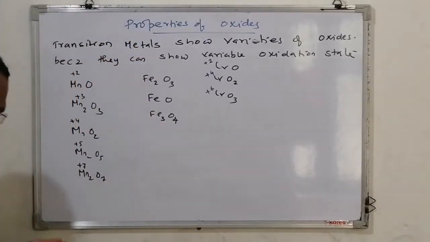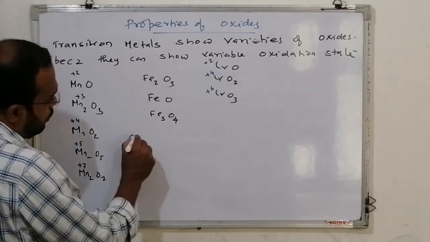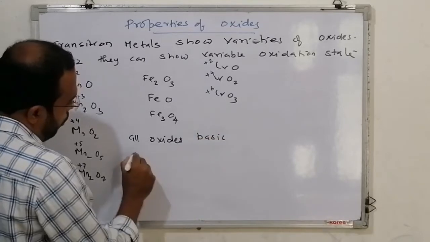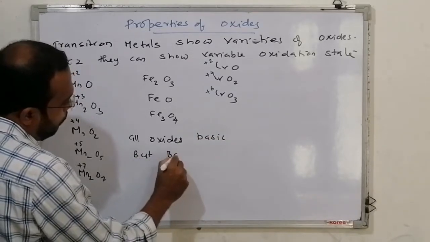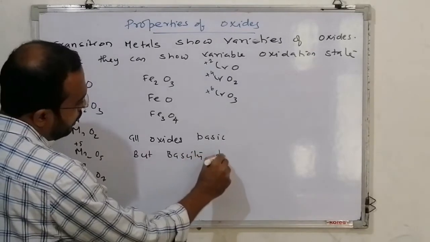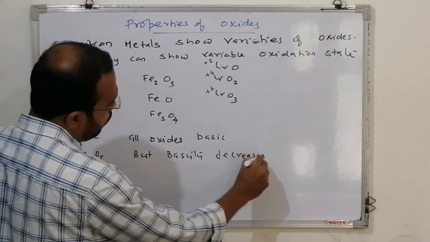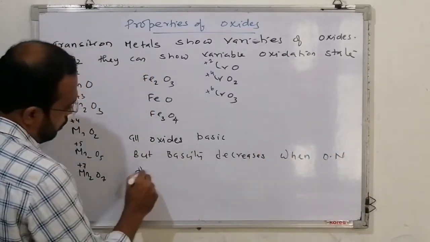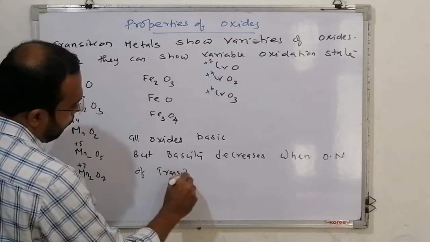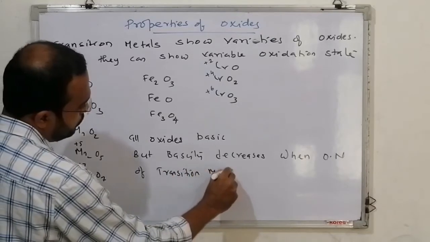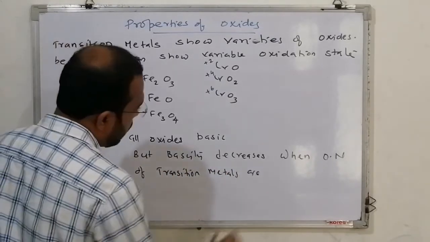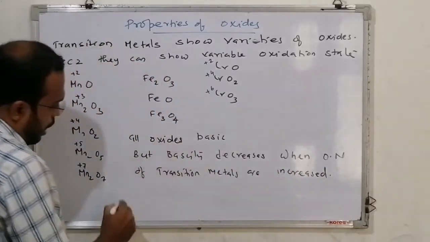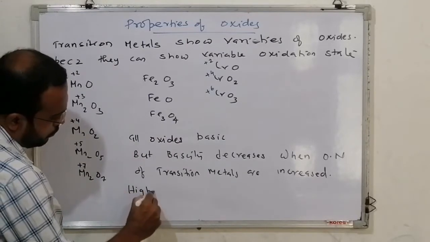And all oxides are basic, but basicity decreases when the oxidation number of transition metals is increased.